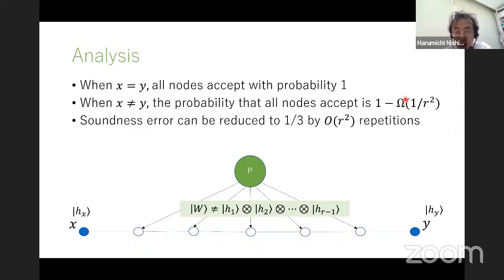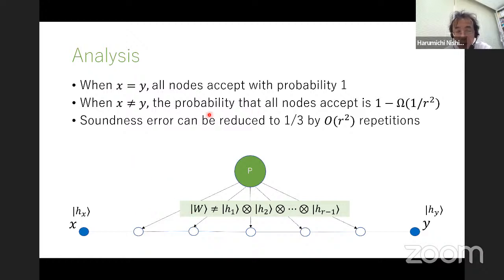This probability can be reduced to, for example, 1/3 by R squared repetitions of the protocol in parallel. This type of protocol is done in parallel, so it is still a one-round protocol.